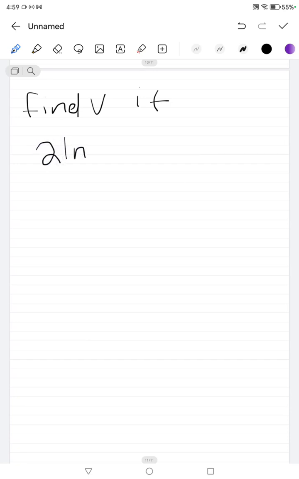Let's do another one. They say find v if you have 2 ln of x minus ln of x cubed equals ln of v.